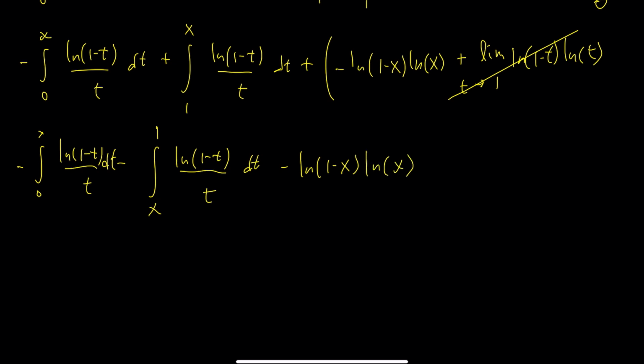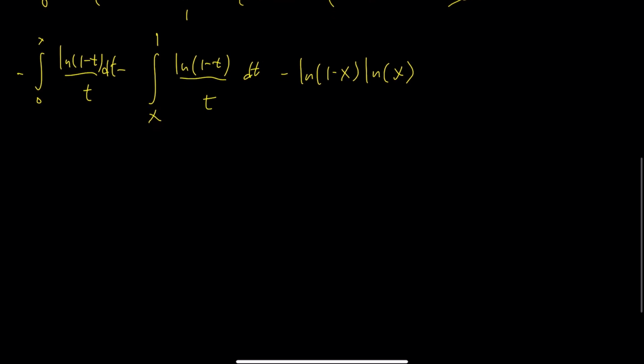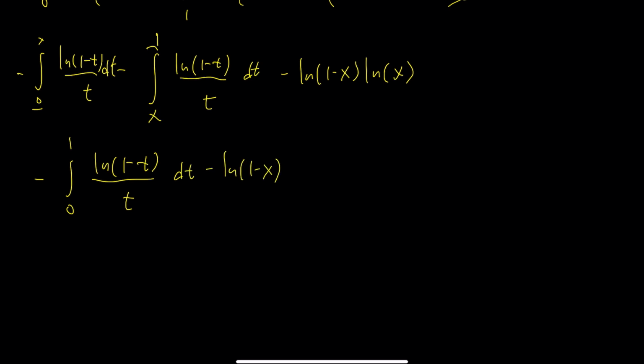But by flipping the bounds of integration, we're now integrating from 0 to 1. So now we're going to have negative the integral from 0 to 1 of the natural log of 1 minus t divided by t dt minus the natural log of 1 minus x times the natural log of x.